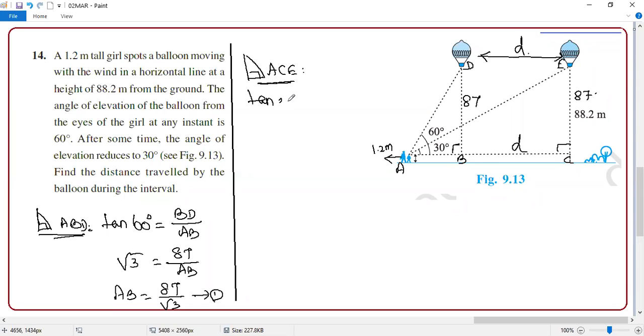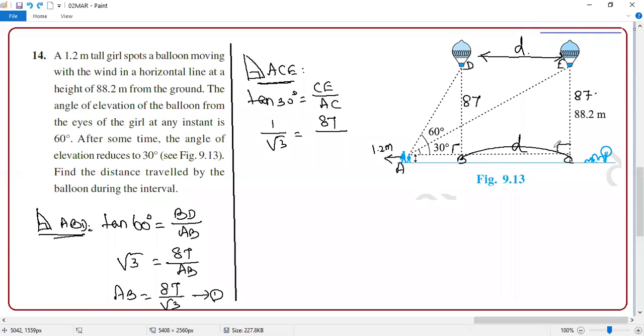Tan which degree? Tan 30 degree is equal to opposite upon adjacent, CE upon AC. So tan 30, 1 upon √3 is equal to CE, that is 87, upon AC. And guys, AC is what?